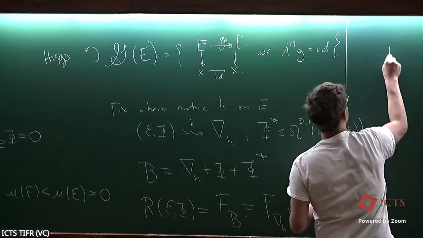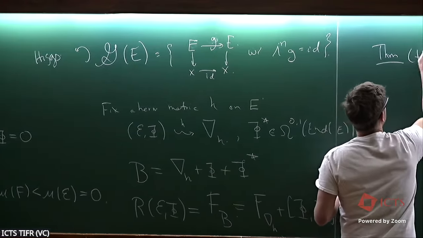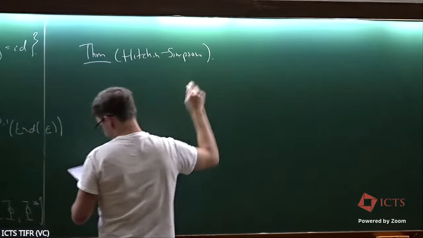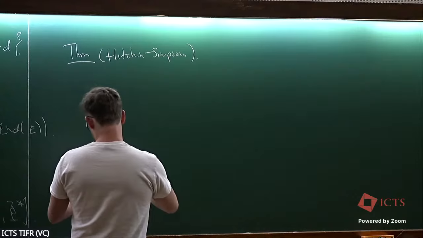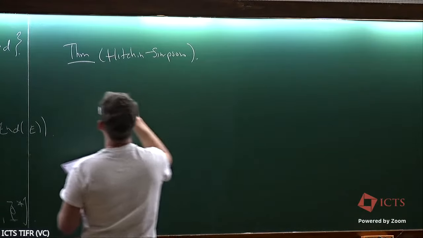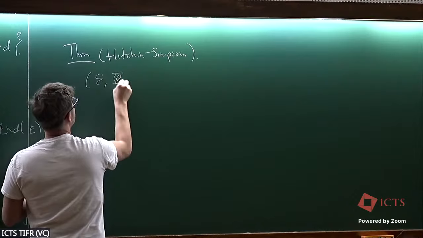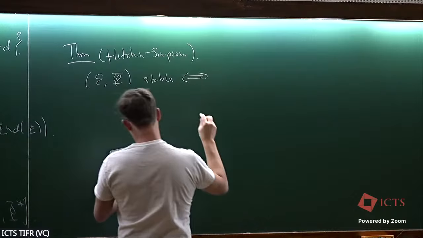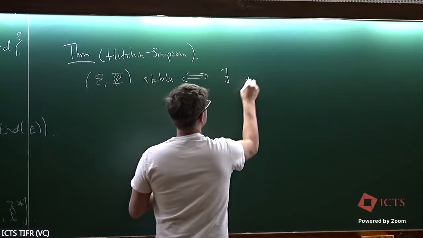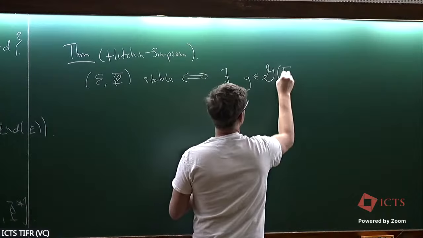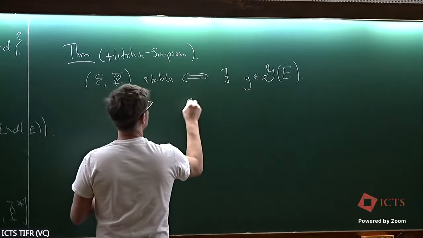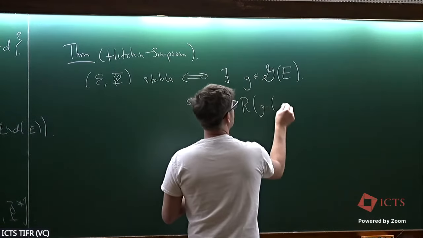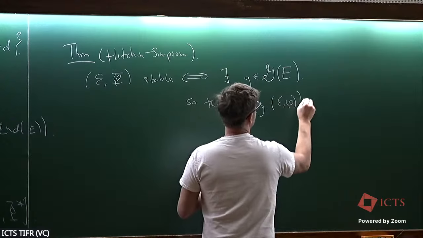And the theorem, let's say Hitchin-Simpson, is, so if I take a stable Higgs bundle, well, a Higgs bundle is stable if and only if there exists a gauge transformation G so that R of G dot (E, phi) is equal to 0.